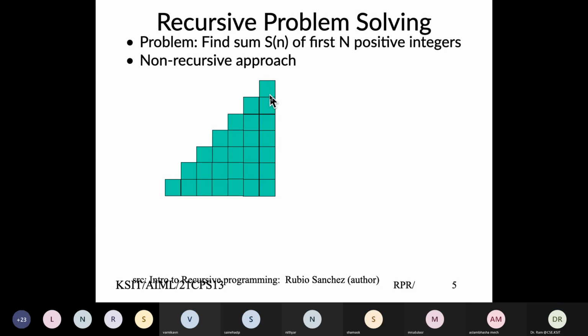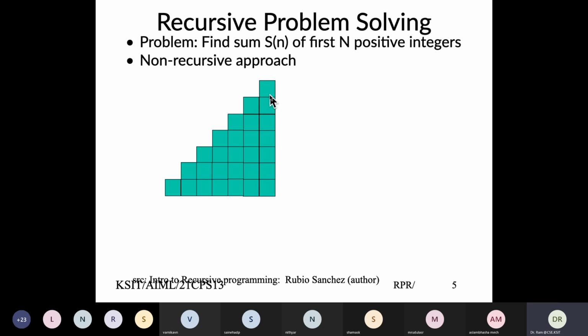If we count the number of unit squares in such a step arrangement, we are finding the sum of 1 plus 2 plus 3 plus 4 up to n, the sum of numbers 1 to n.